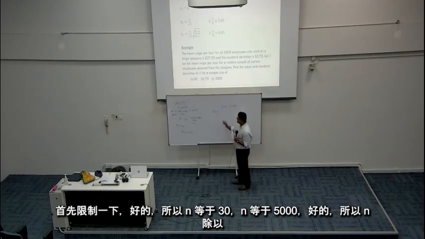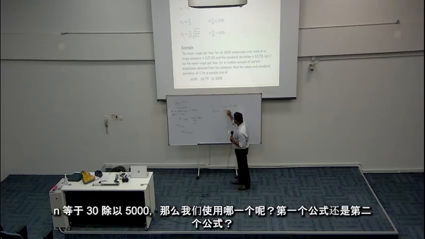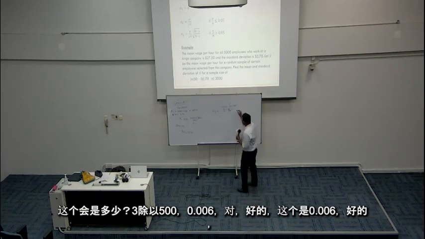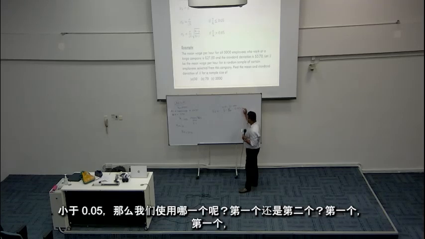So n divided by N is equal to 30 divided by 5,000. Which one do we use, the first formula or the second formula? This one will be 0.006, which is less than 0.05.